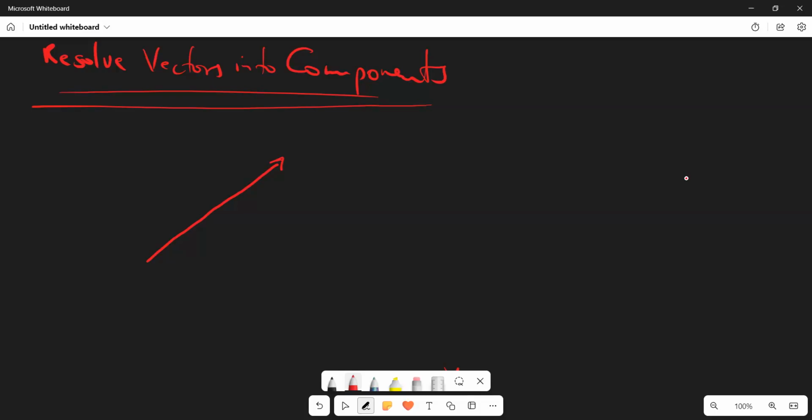So let's say this is P. And the angle that P makes with down here, let's call it alpha. If you were to use your little bit of trigonometry knowledge, you will see that this component of P, if you want to call it P subscript H, is equal to P cos alpha.